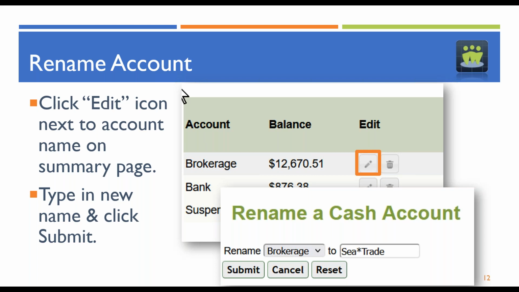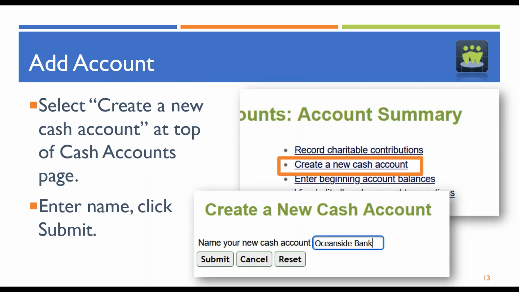So you can take an account that is named just brokerage, and a lot of clubs will go in and name it for the actual brokerage that they're using. Again, not necessary, the brokerage isn't telling us, but it can make the reports look a little bit more personalized if it doesn't just say brokerage or just say bank at the bottom. So you type in the name, you click submit, and there you are.